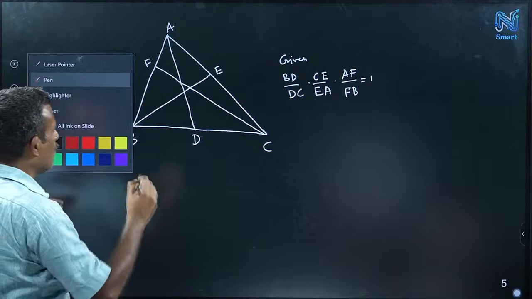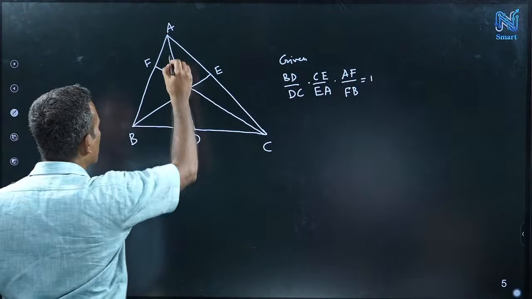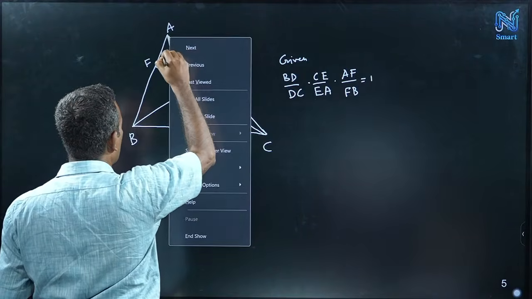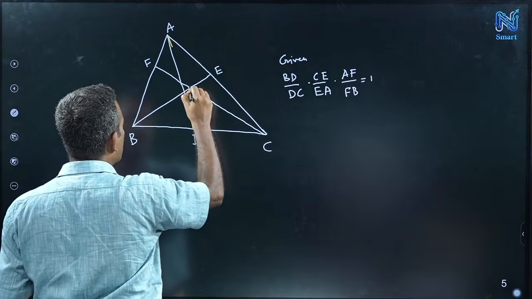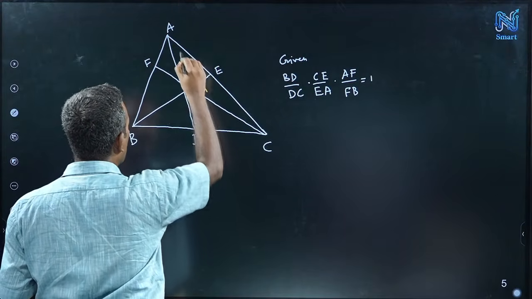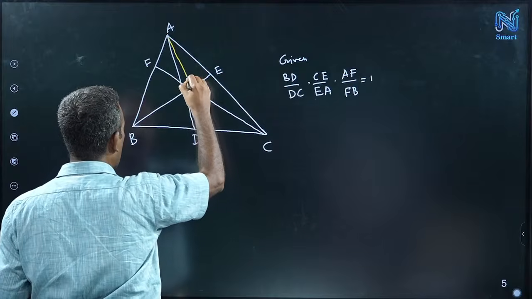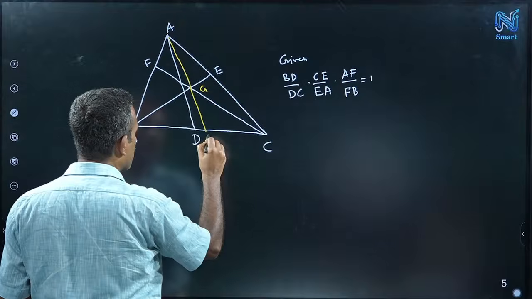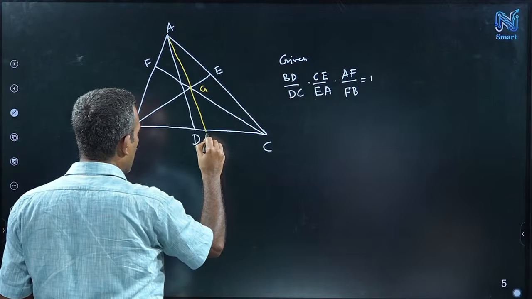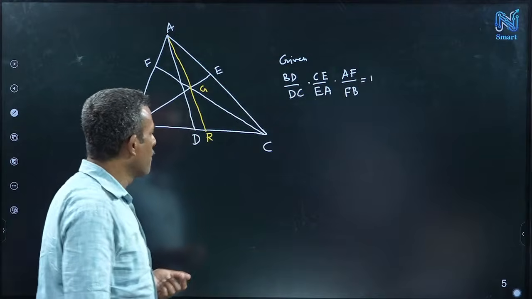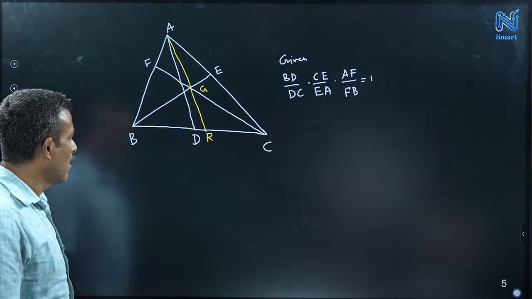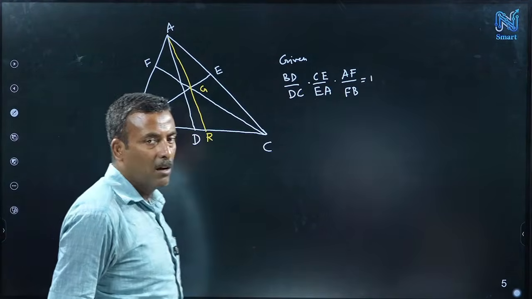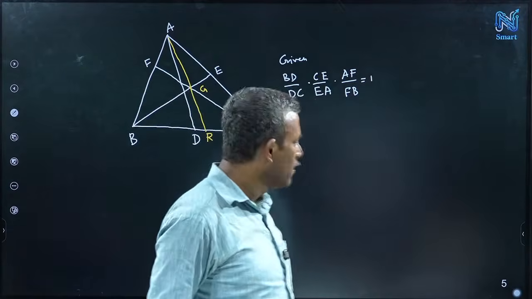We draw another line which is concurrent. Say this point is G, and join AG, and let R be the point on BC.